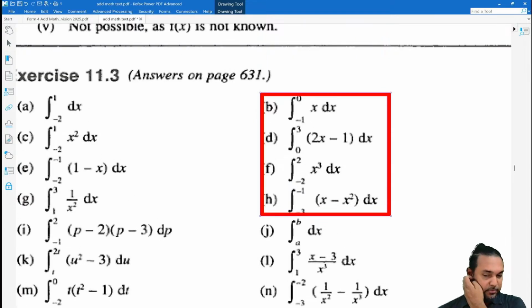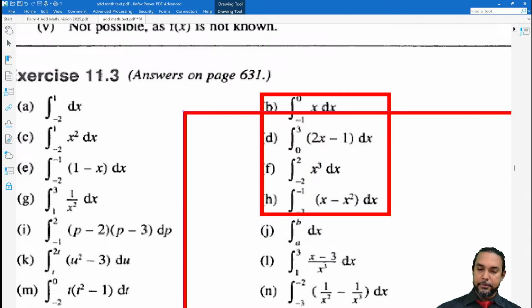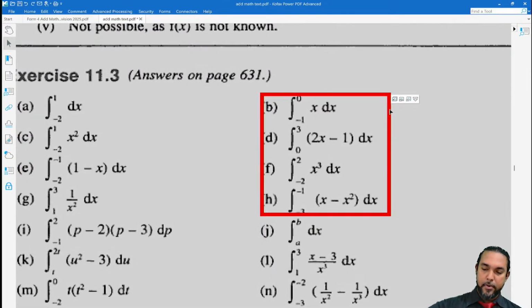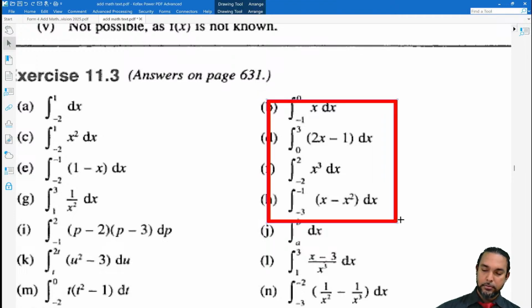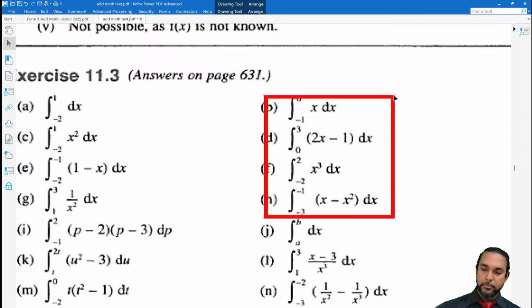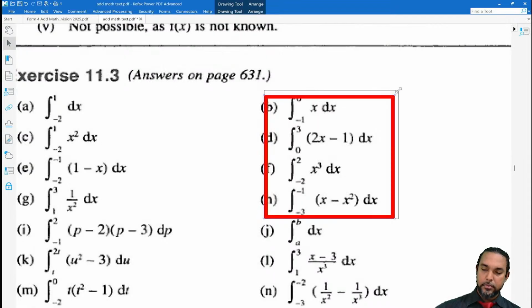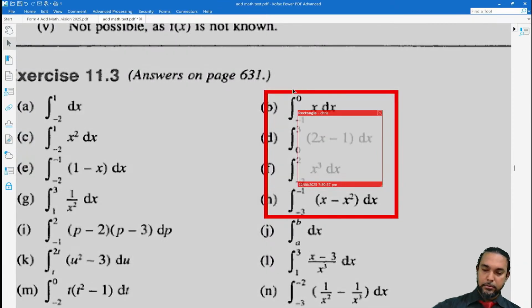So just some slightly easy ones to get a feel for what you're doing. Sorry, I tried to move that box.